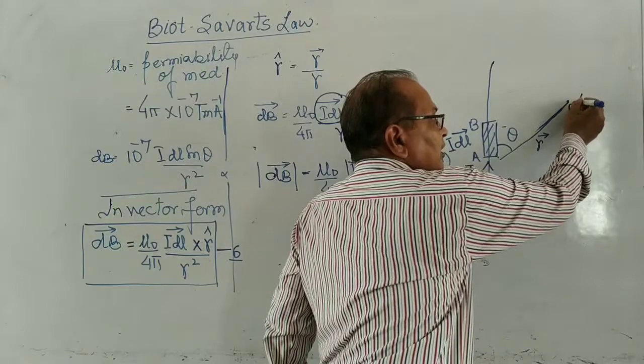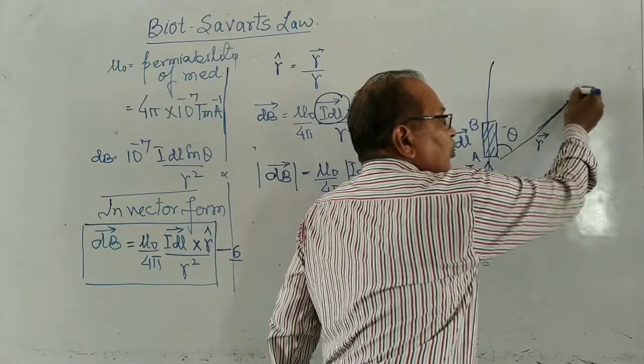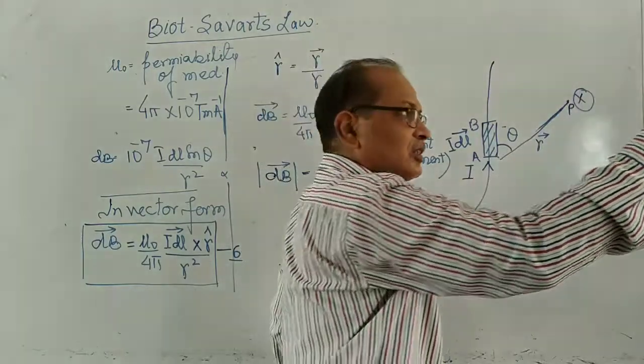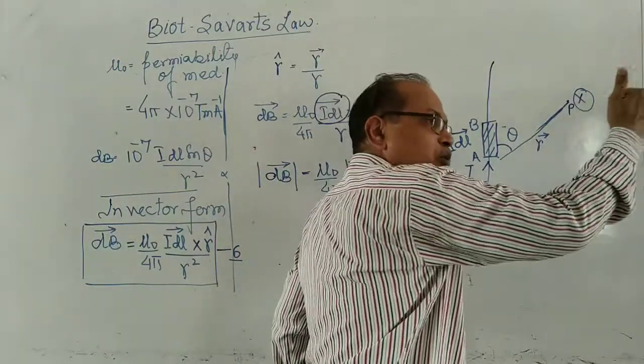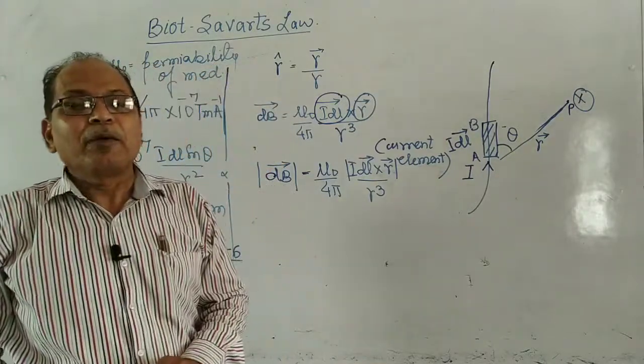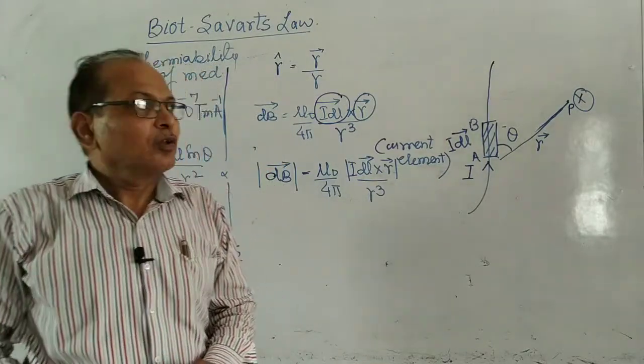So magnetic field will be in the form of cross. Cross means what? Magnetic lines of force, they are entering into the board. This is the direction of magnetic field intensity due to the current.